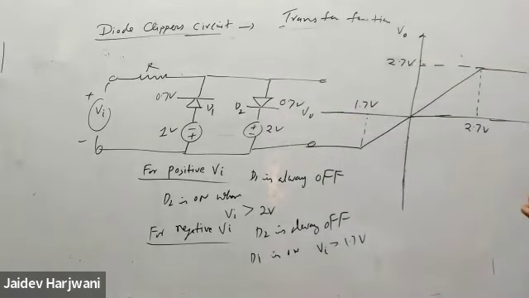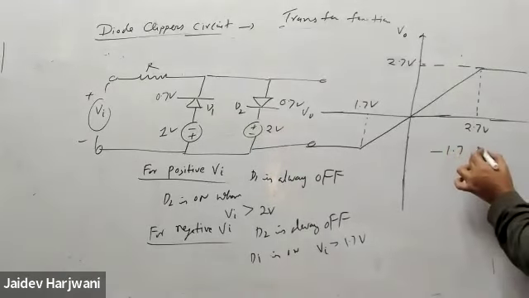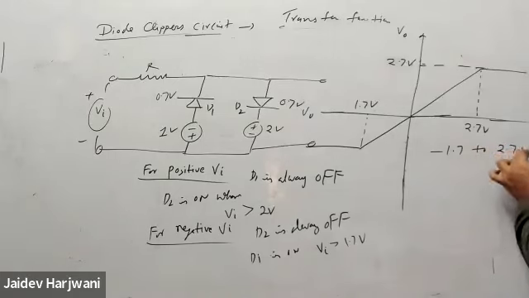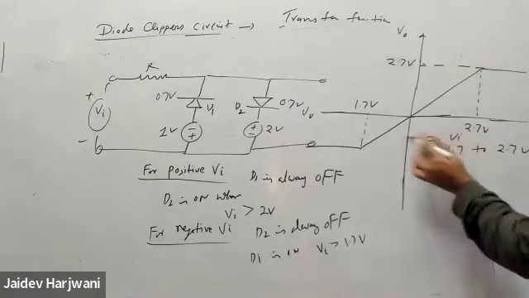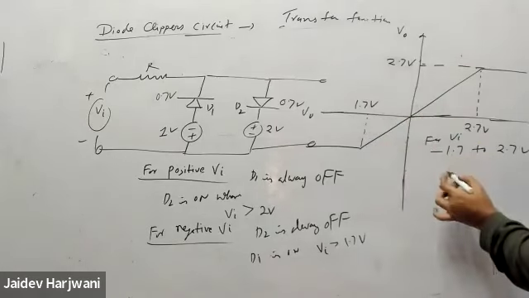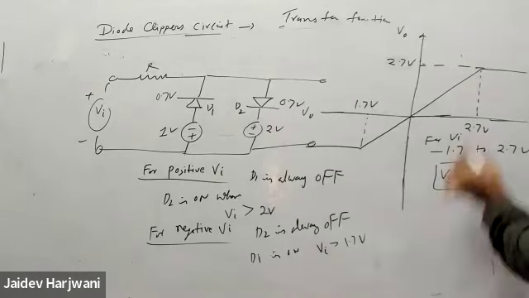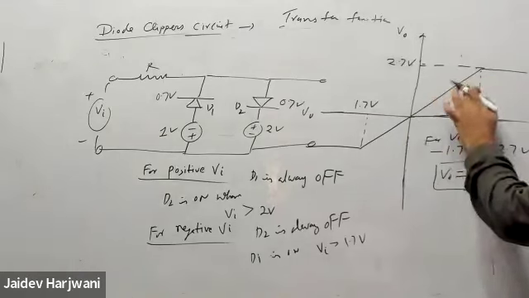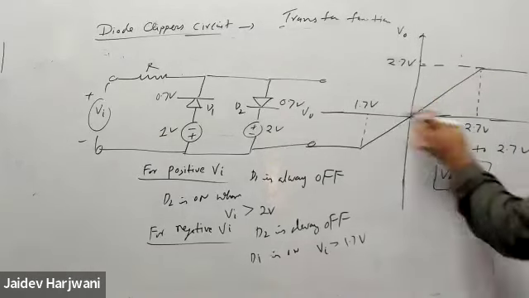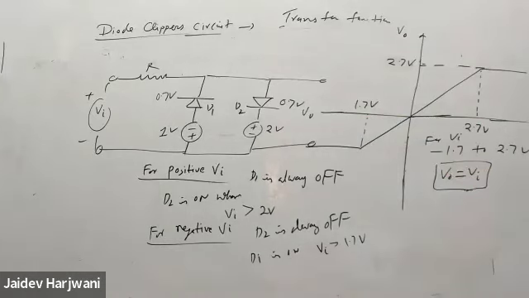So between minus 1.7 and 2.7 volt for V input, your V output is equal to V input. They ask in the question in which range your V output is equal to V input. So in these two ranges, V output is equal to V input.